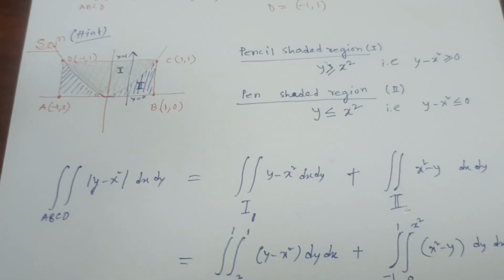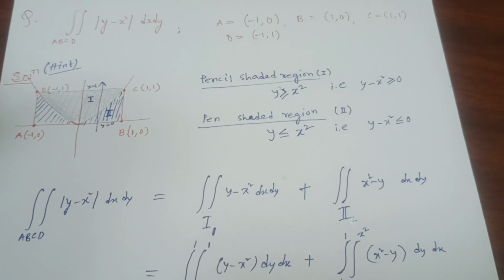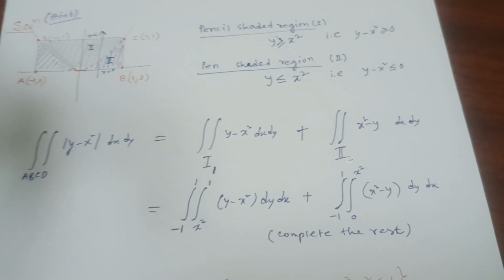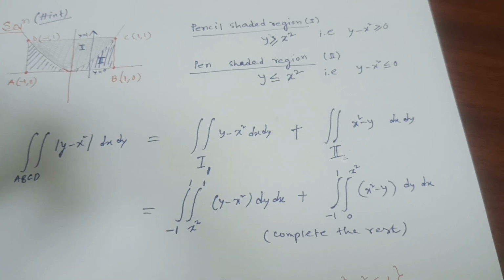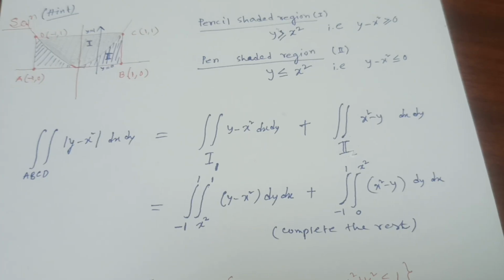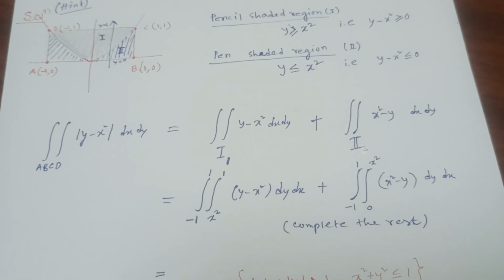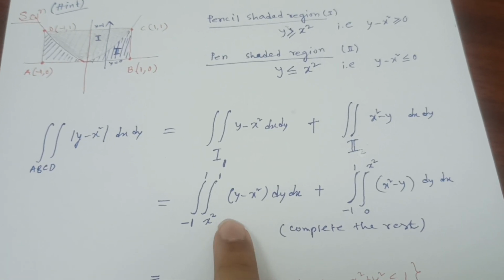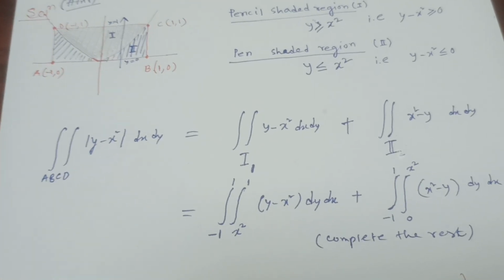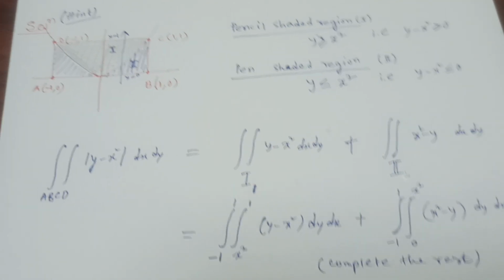Now I'll divide the integral into two parts, I1 and I2. For I1, since y minus x square is greater than or equal to 0, the mod of y minus x square is just y minus x square, so there is no change. Let's see the limits of the integration.